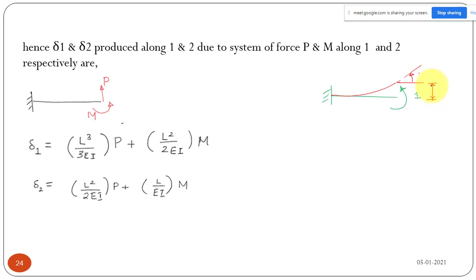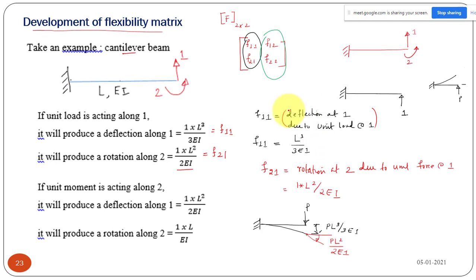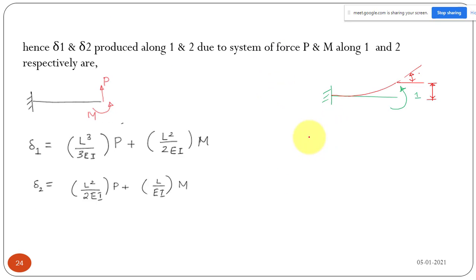So we have two elements, F12 and F22. What is your F12? F12 is your displacement at 1 due to load at 2.